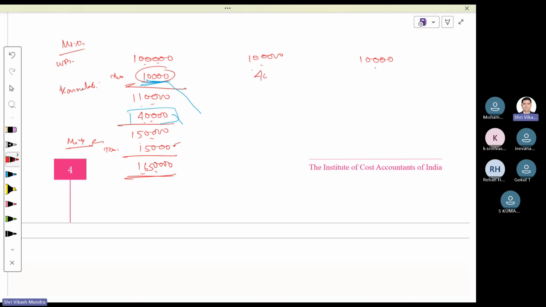And then my value addition of rupees 40,000, and then 1,40,000 I will charge to Mr. Y plus 10% tax, which comes to 14,000. Altogether, I will charge 1,54,000 from Mr. Y, and out of this 1,54,000, 14,000 is the tax component.